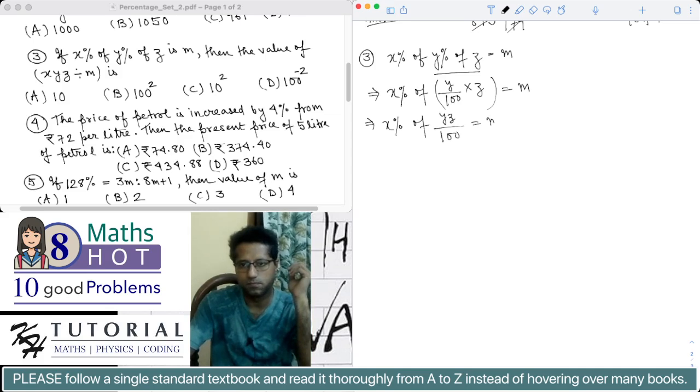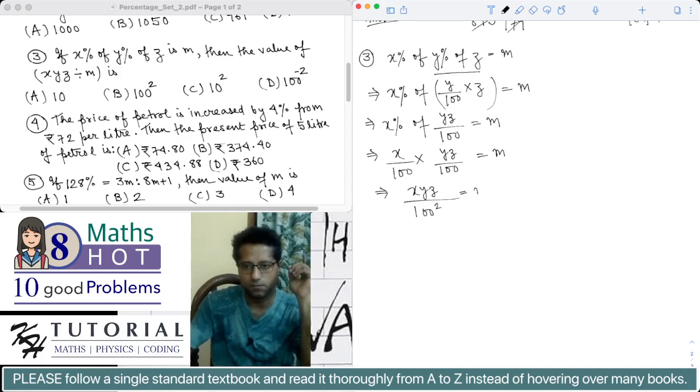Now we will do x% of yz by 100. This is x by 100 multiplied by yz by 100 is equal to m. If we further simplify the LHS, we get xyz divided by 100 square is equal to m.